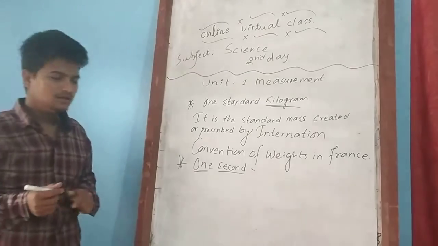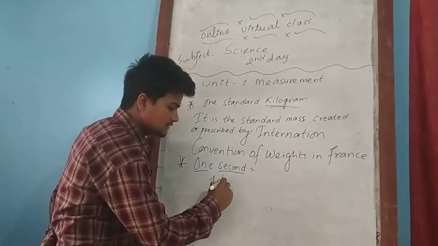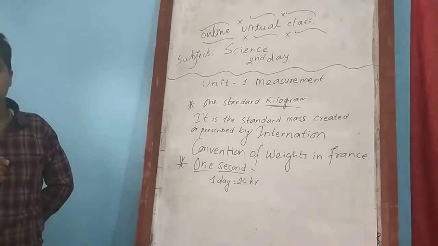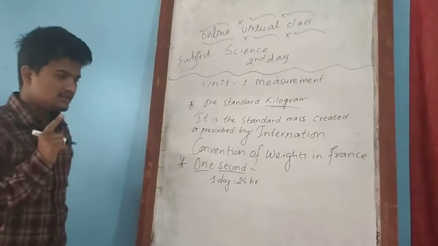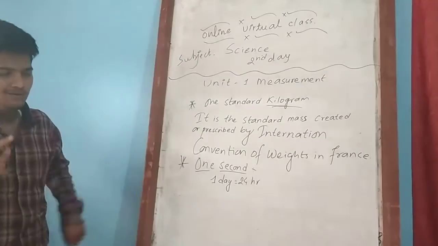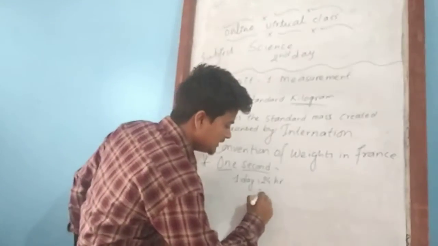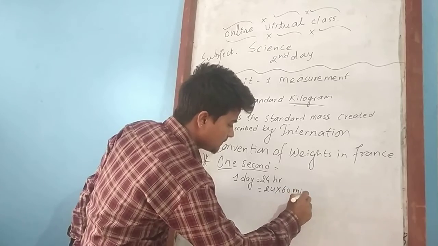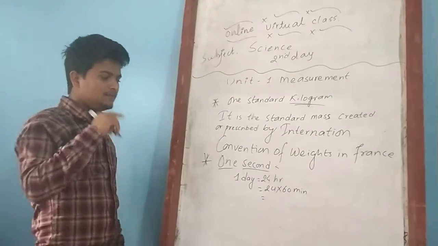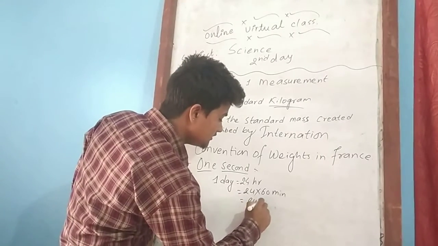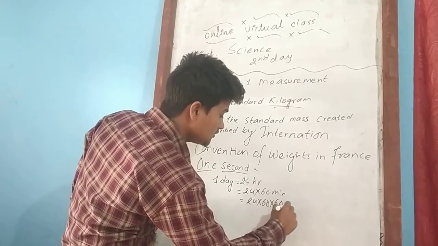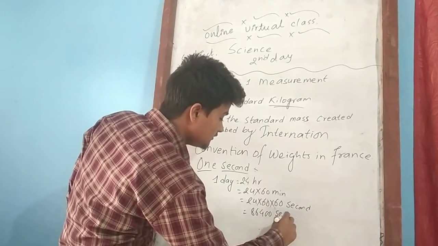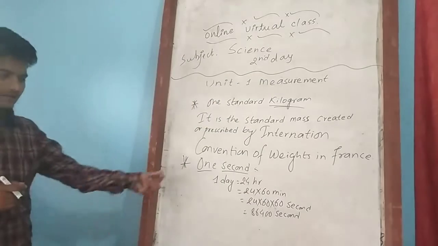We already know that 1 day contains 24 hours, 1 hour contains 60 minutes, and 1 minute contains 60 seconds. 60 into 60 gives 3,600, and multiplied by 24 gives 86,400 seconds.